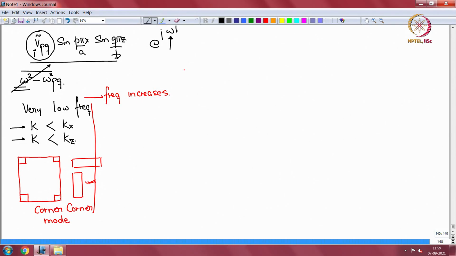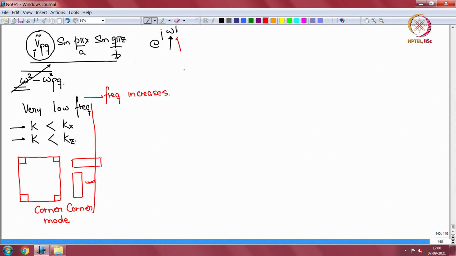We were looking at how a panel vibrating in a single mode changes its nature with respect to the frequency at which it is vibrated. Okay, so a mode of this form V tilde PQ sine p pi x by a sine q pi z by b is driven at this omega.